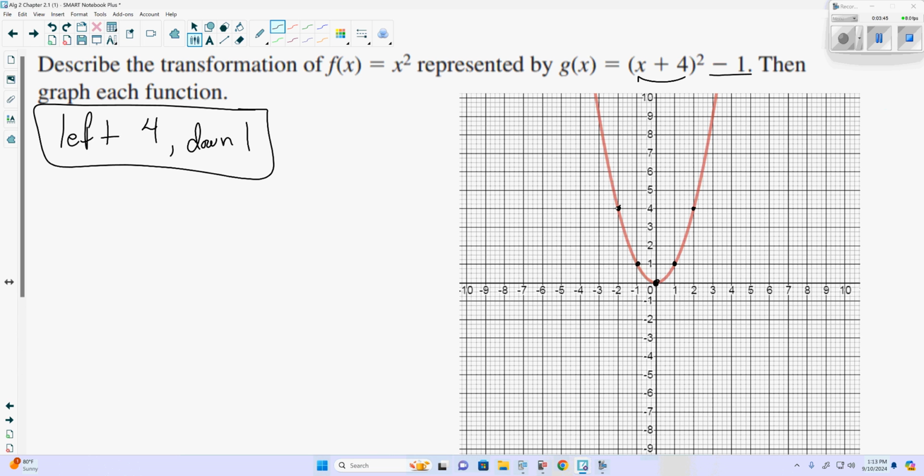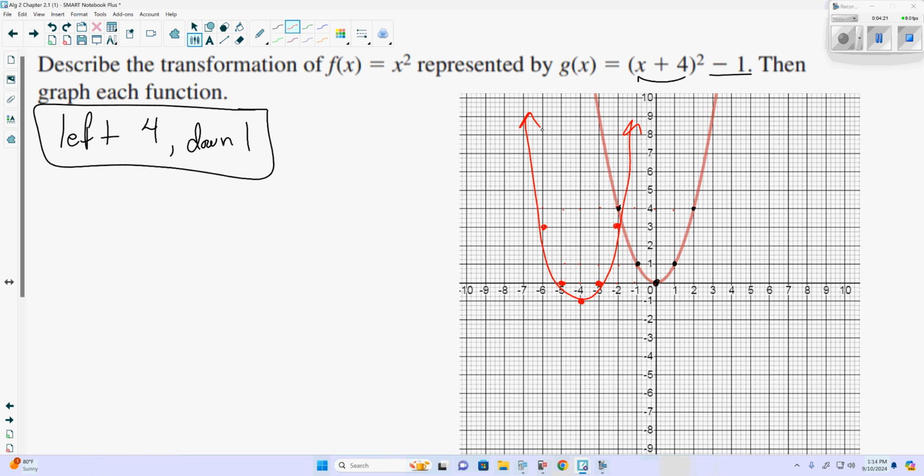But these here are just some nice points on our x squared. Now, we said the translation moved left 4, down 1. So this first point here at (0, 0) would go 1, 2, 3, 4, down 1. Here would be its new point. (1, 1) would go 1, 2, 3, 4, down 1, and be right here. Same with the others: 1, 2, 3, 4, down 1. It gives us an idea of where the graph is.